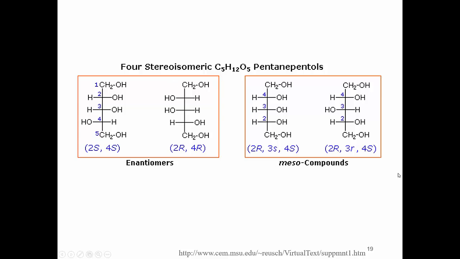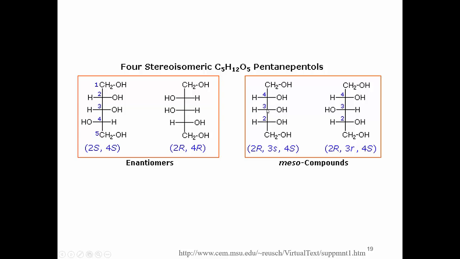And then when we have meso compounds, now this is a more complicated meso compound. This one has 3 stereocenters. These are meso compounds because they do have this plane of symmetry, and when you take the mirror images, they're the same compound. These are 2 different ones, and so we can differentiate it here. So what's with this small r and this small s? It has to do with the priority rules.